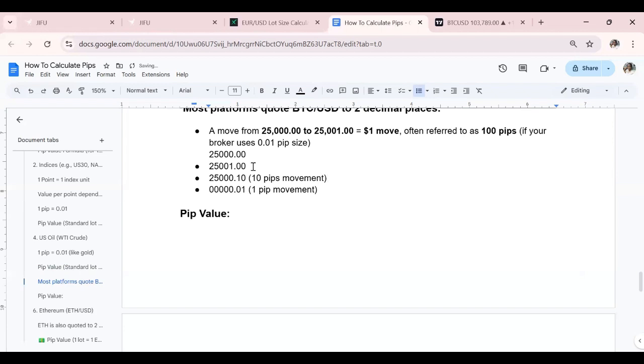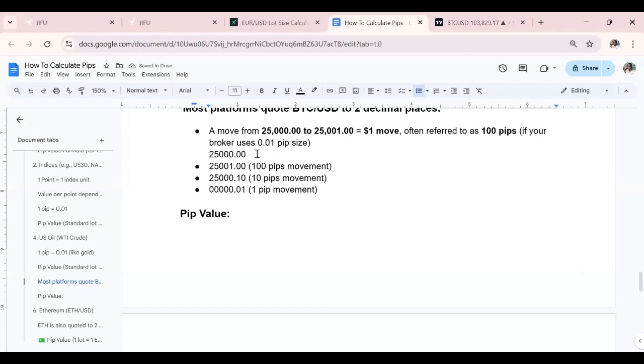So this one here is now how many pips? This one now is 100 pips. Exactly. This is 100 pips.